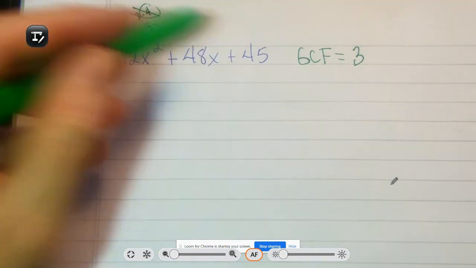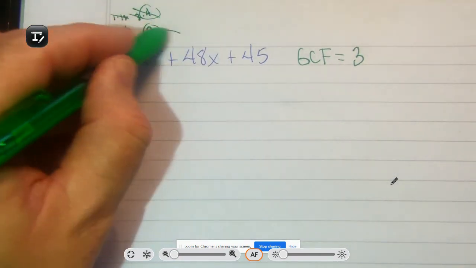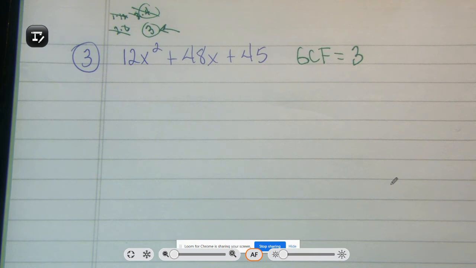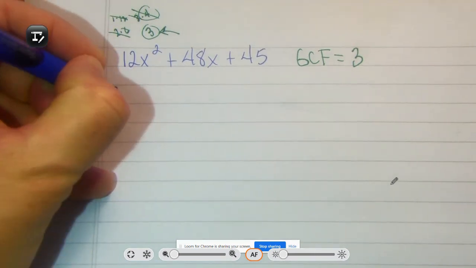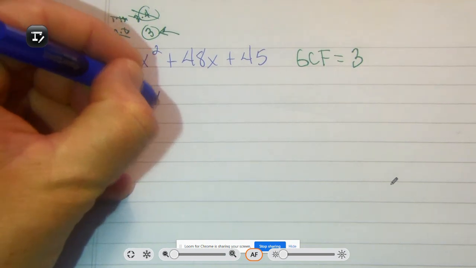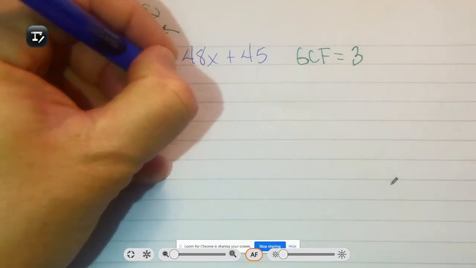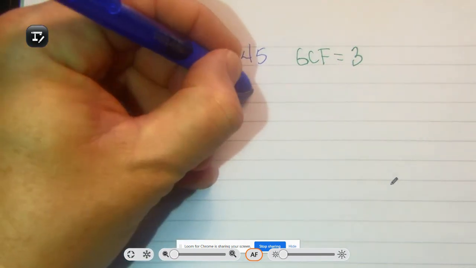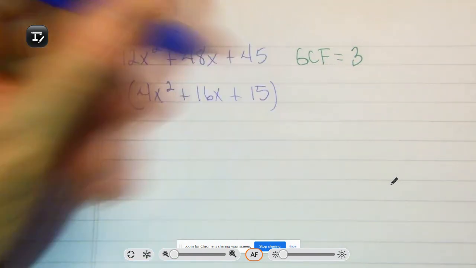Because 12, 48, and 45 all will divide by 3. So that's the greatest common factor. It's x squared, x, and then no x. So there's no variable portion of that. So I can rewrite this as 3 times 4x squared plus 16x plus 15.